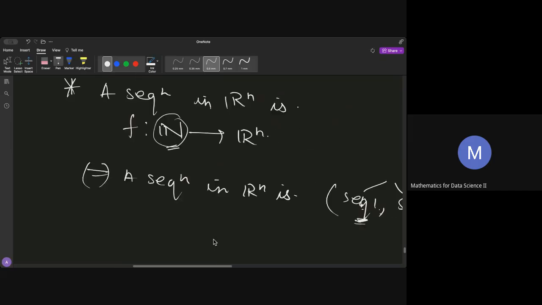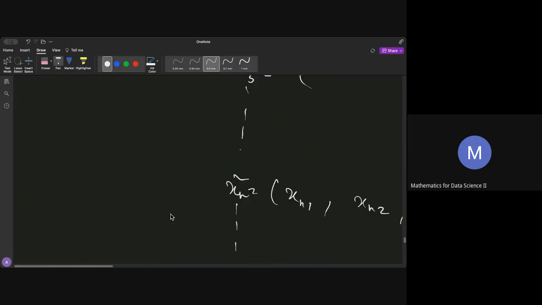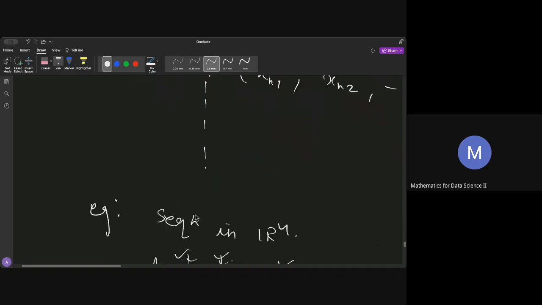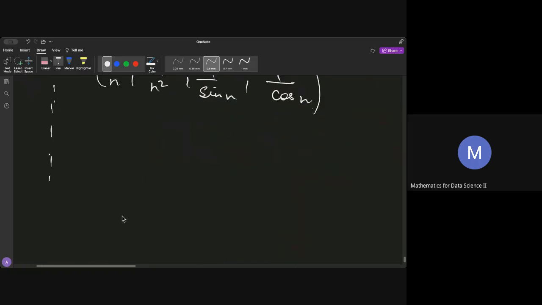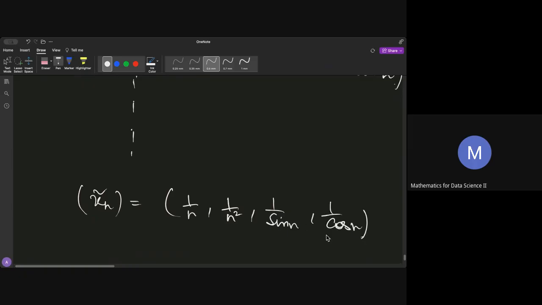So we were discussing this thing. If I want to find the limit, let me write this again. If my sequence xn tilde is 1 by n, 1 by n square, 1 by sin n and 1 by cos n, then how do I find its limit? Simply find the limit of each one and then write it.